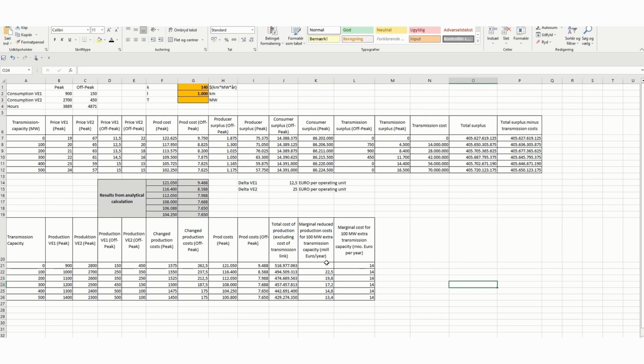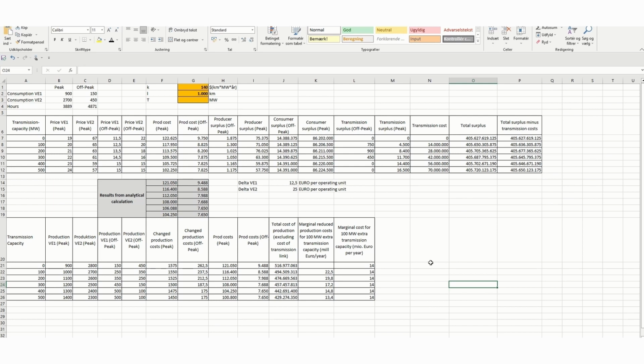And you can also see that when we have a capacity of 400 megawatt, we will have nearly the same marginal cost for building the capacity of the line and marginal reduction of the cost. They are nearly the same when we have a transmission line of 400 megawatt.